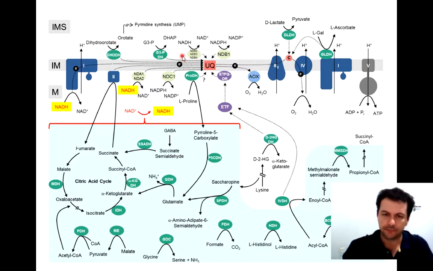These protons are pumped from the matrix to the intermembrane space, and then the ATP synthase dissipates these protons from here to here, and then you have the synthesis of ATP. It's very similar to the chloroplast, okay?